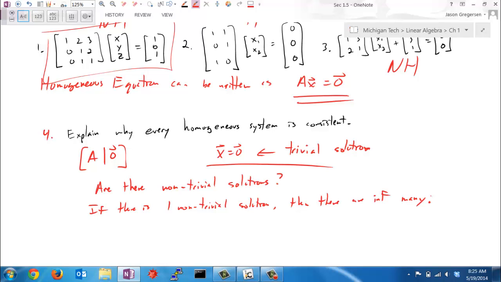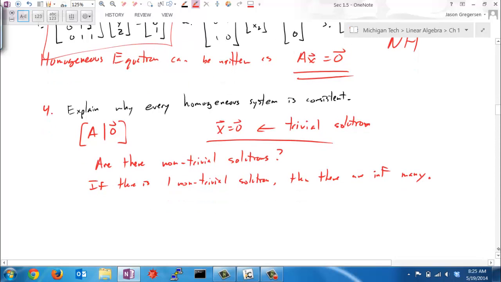Free variables, absolutely. So when there are infinitely many solutions, there are free variables as well. So that's another way we can think about this, is how do I tell if it has non-trivial solutions? It depends on if it has free variables or not.